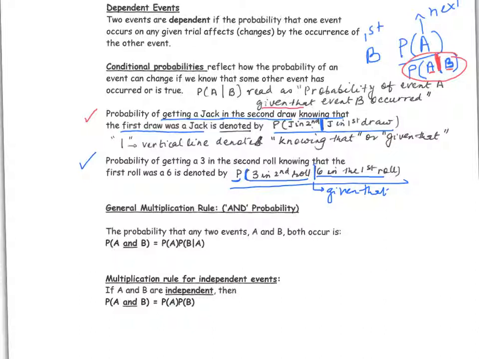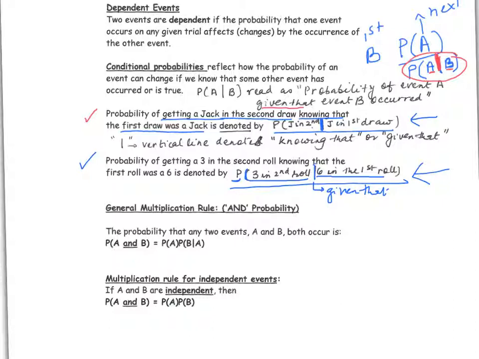Now, in the first case, if the card is not replaced, then the event of getting a jack in the second draw depends on whether we got a jack or something else in the first draw. So when cards are not replaced, we'd absolutely have to know what happened before in order to calculate the probability of what's happening in the second draw. But in this case, we're rolling a die.